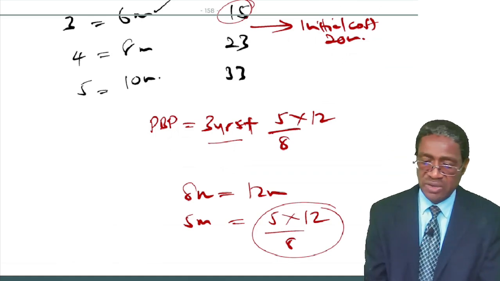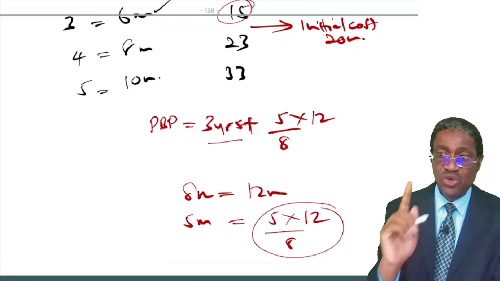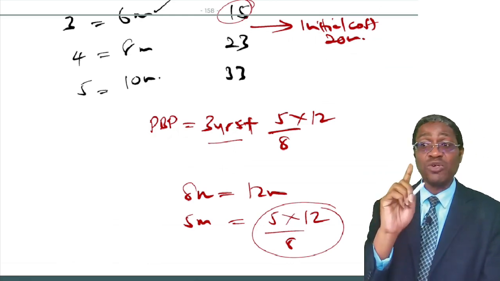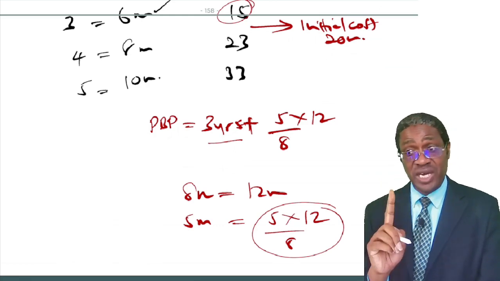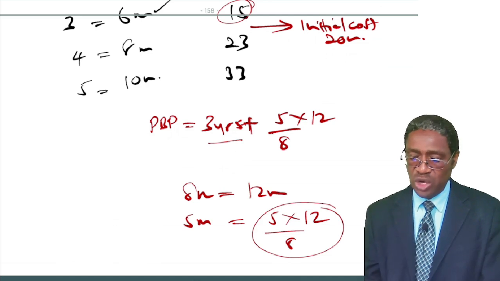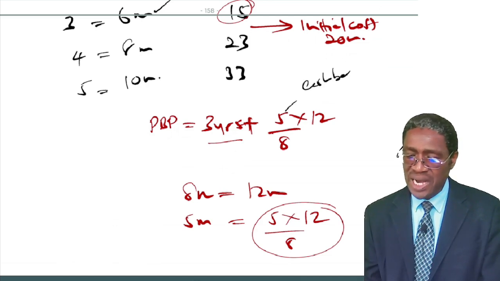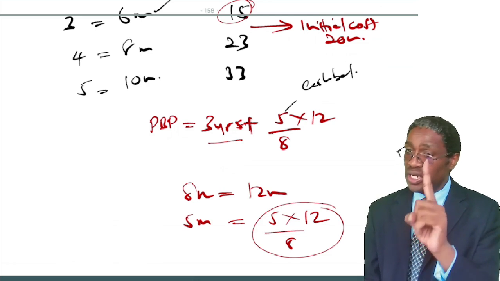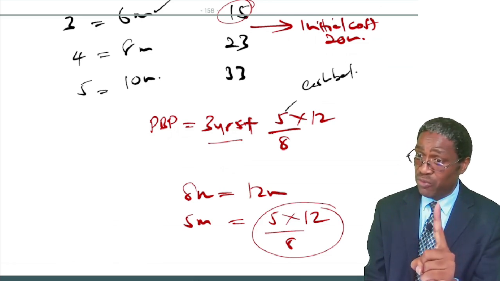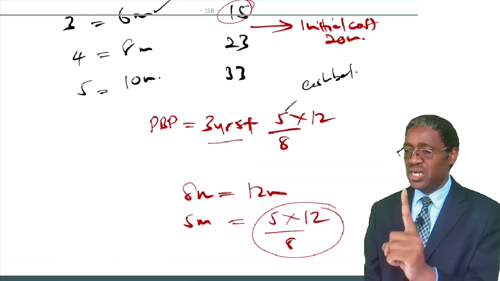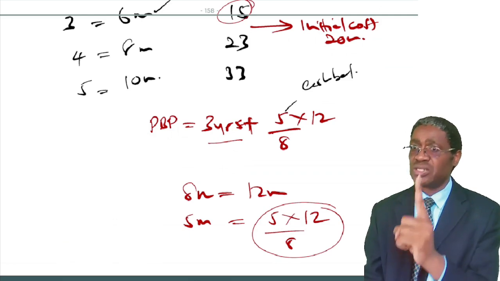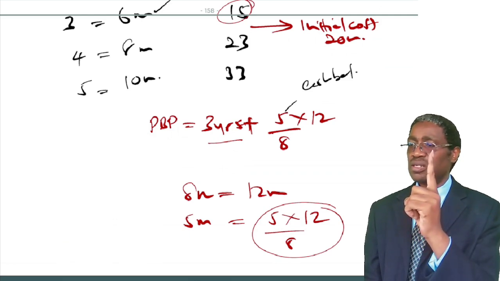You are remaining with 5 million to recover by end of year 3. So that 5 million is what we call the cash balance to full recovery. You take 3 years, which is the year before full recovery, plus the cash balance to full recovery.